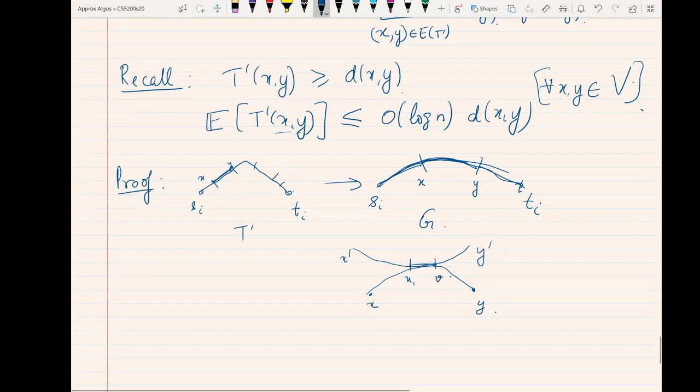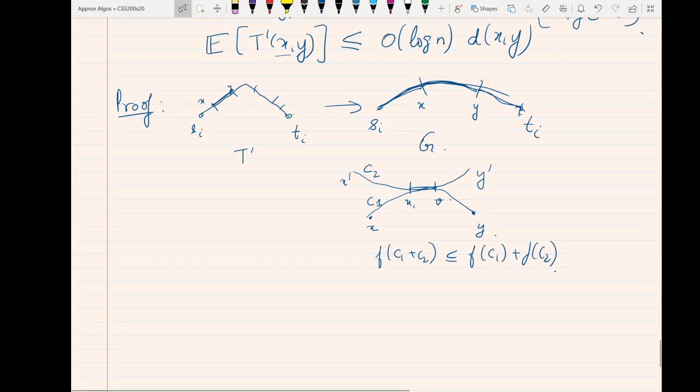So in some sense, the cost is only going to go down. Okay, so we'll see this formally in a moment, but basically you will use that f of C1 plus C2 is less than or equal to f of C1 plus f of C2. When you translate the T prime cost into the graph, it just goes down.